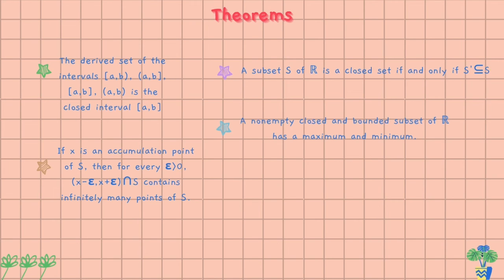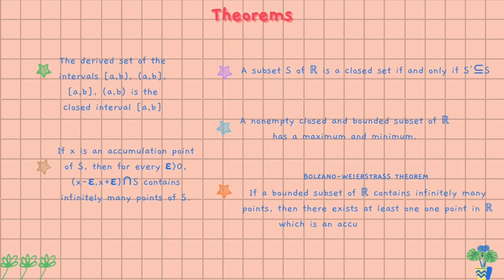And the last one, the Bolzano-Weierstrass theorem, which states that if a bounded subset S of R contains infinitely many points, then there exists at least one point in R which is an accumulation point of S.